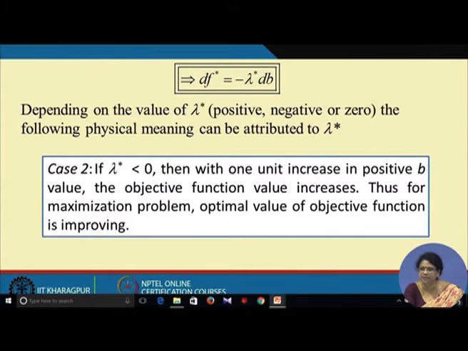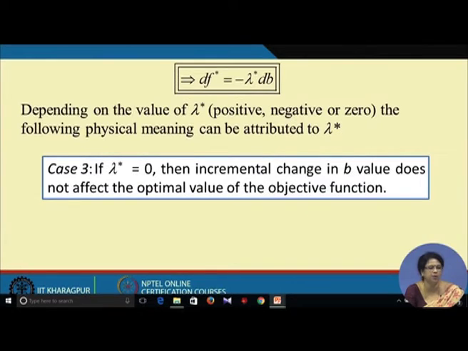Did you understand? In both the cases are different, but in the other case, neither positive nor negative, if lambda star is 0, then what is the thing? df star is equal to 0 into db. That is why even if I change b, there is no effect on the optimal value of f, alright.